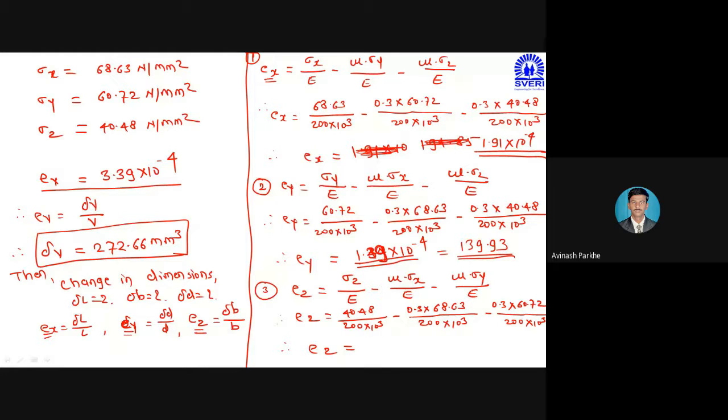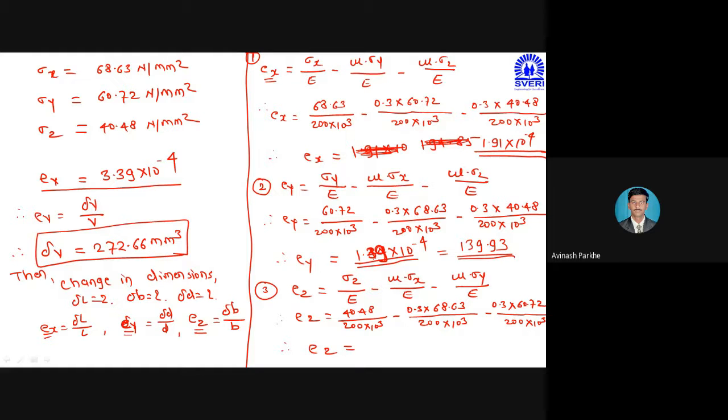If you have calculated epsilon x, epsilon y, then tell me the value of epsilon z. Calculate epsilon x, then epsilon y.